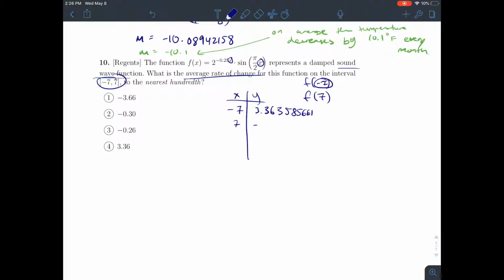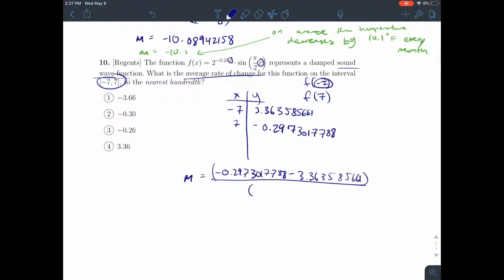That gives us negative 0.2973017788. To compute the rate of change, we do y2 minus y1, all in parentheses, being divided by x2 minus x1, all in parentheses as well.